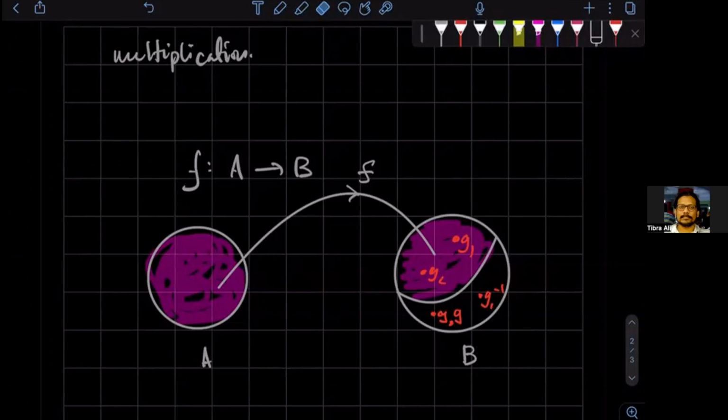Exactly. I agree with Saif, but what I don't agree with is that it follows trivially that the image of F is a group. Of course, by definition, B is a group. It is one of the assumptions. But the fact that F maps to the image of F, if you think about it for a minute, you'd see that there's no other way, right?